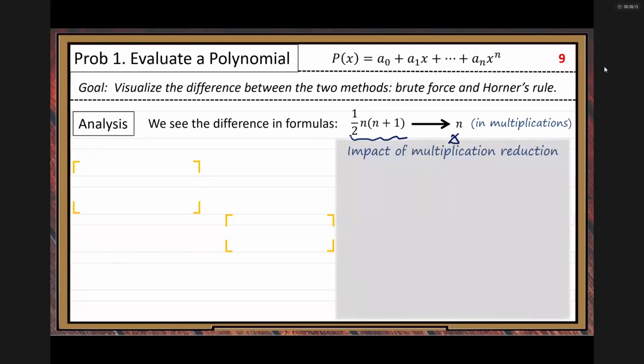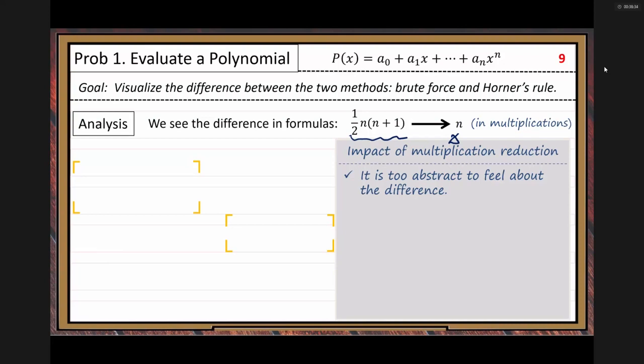Impact of multiplication reduction. We want to see how big the impact is. If you just look at the formula, although you know the difference is big, it is still too abstract, right?